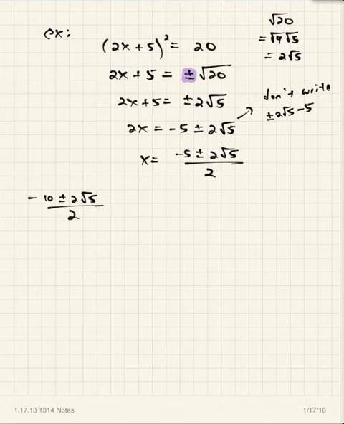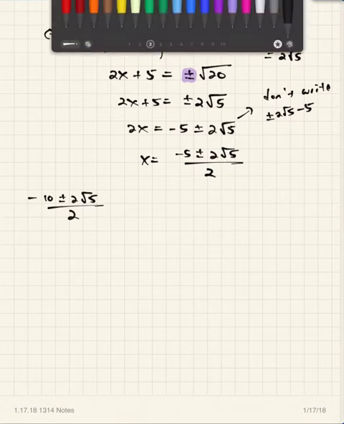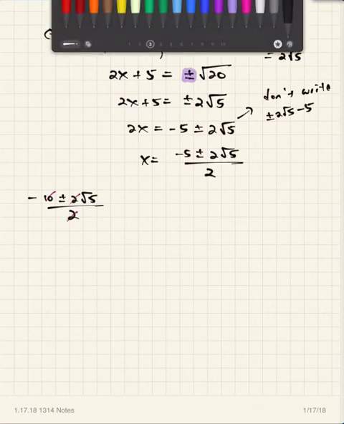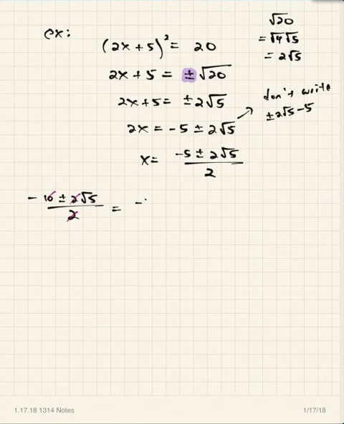Do you see how the 2 is common to all 3 terms? And so you can divide out the 2 because it's a common factor in the numerator and the denominator. I can divide out the 2 on all of those terms, and I get negative 5 plus or minus the square root of 5 over 1, or just negative 5 plus or minus the square root of 5. So if it's common to all 3 terms, you can divide it out.